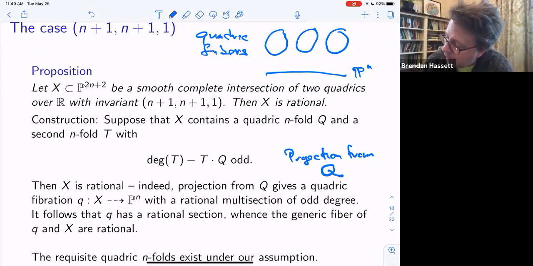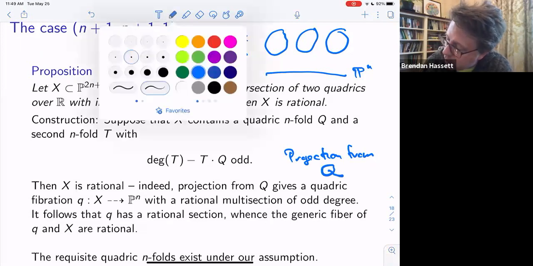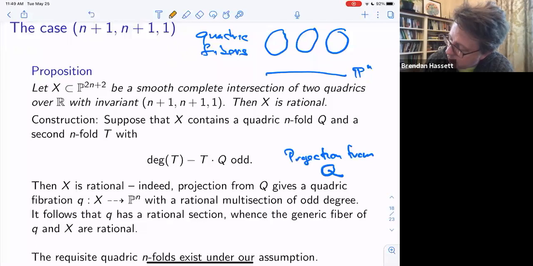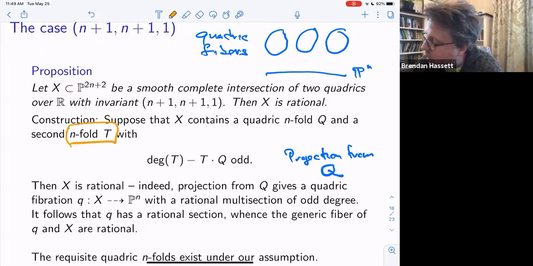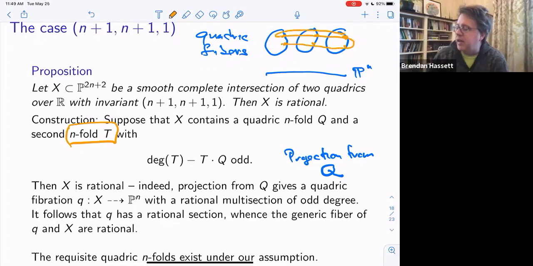And now I have this distinguished residual subvariety T. And I'm going to assume that this defines some multisection, draw it like this, of this fibration of odd degree.